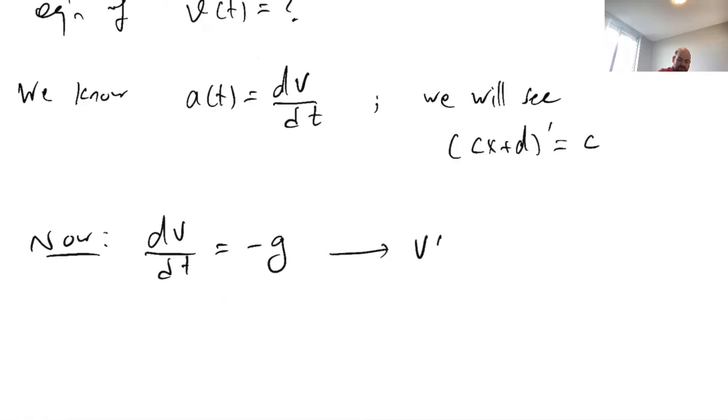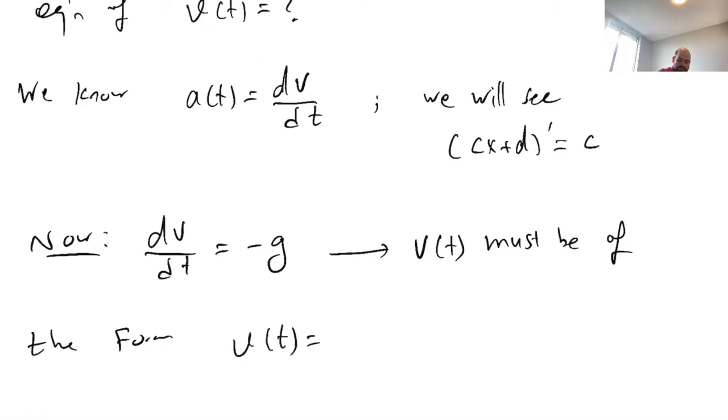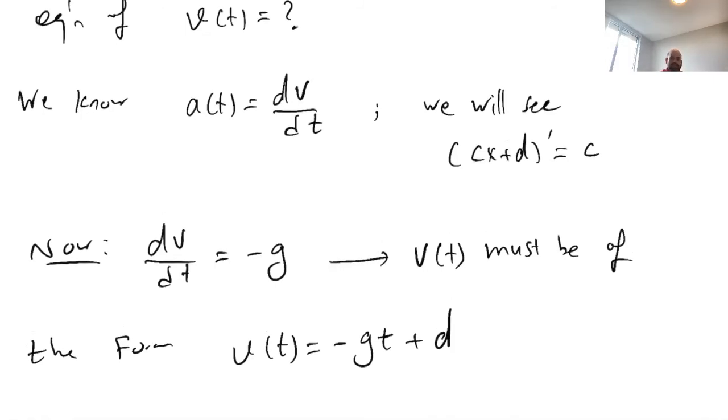So v of t must be of the form minus gt plus, let's say, some v0. Or let's say I can call it plus d. Is this clear? See, instead of x, here we have t.